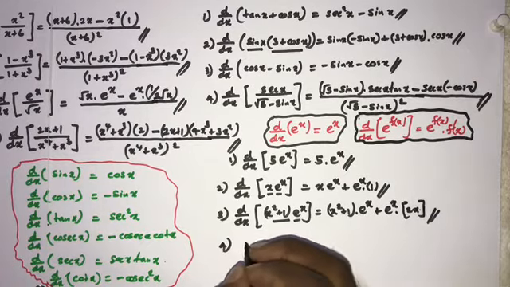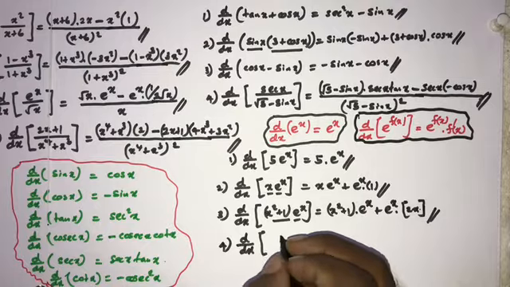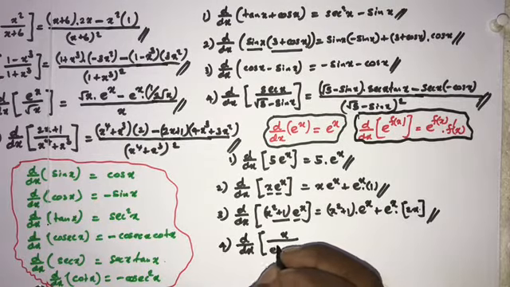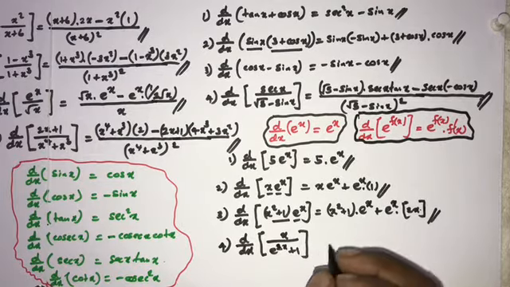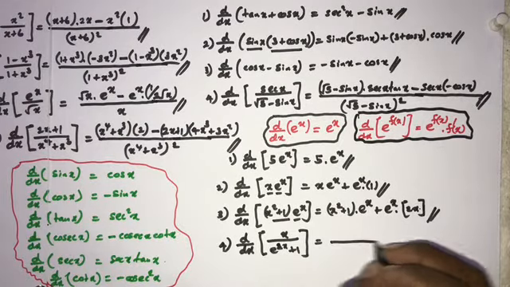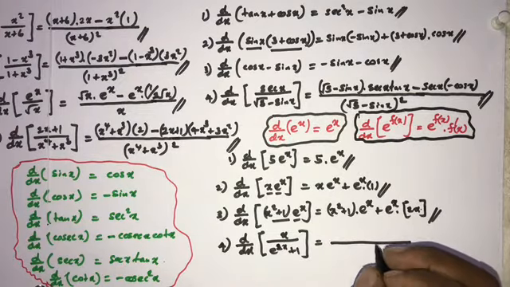Now example number 4, the derivative of x over e to the 2x plus 1, e to the here 2x plus 1. Now this is like f of x over g of x, so we should apply the quotient rule.